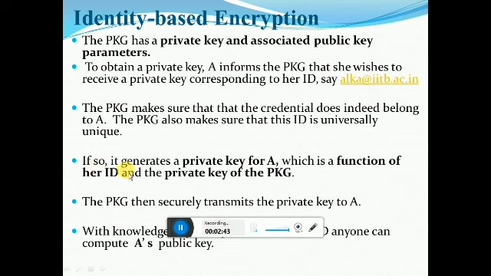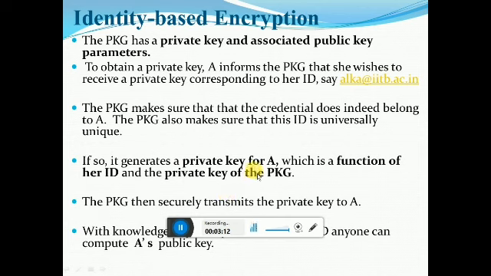If so, it generates the private key of A, which is a function of her email ID and the private key of the PKG. The private key of party A is calculated using two things: one is the email ID of party A, and second is the private key of the PKG.